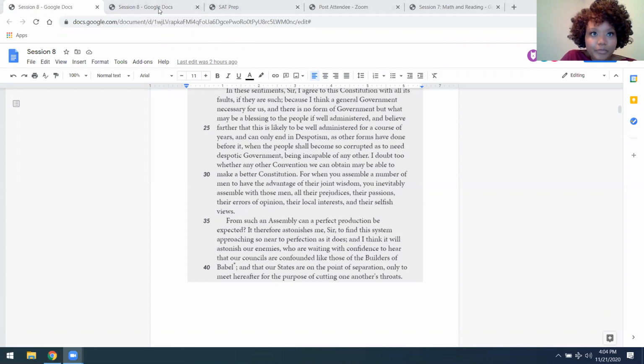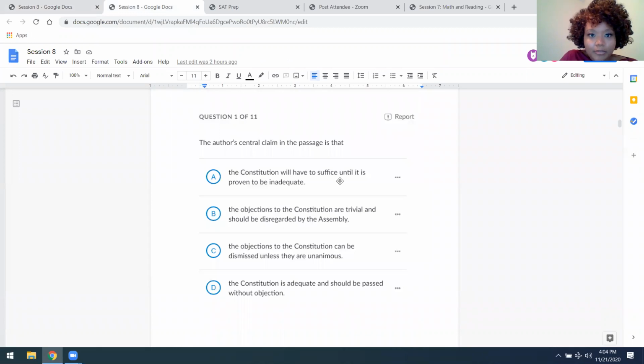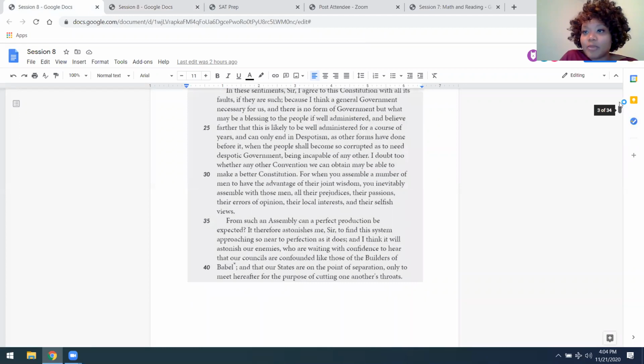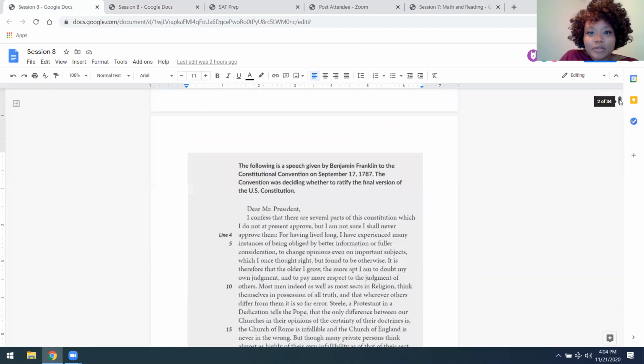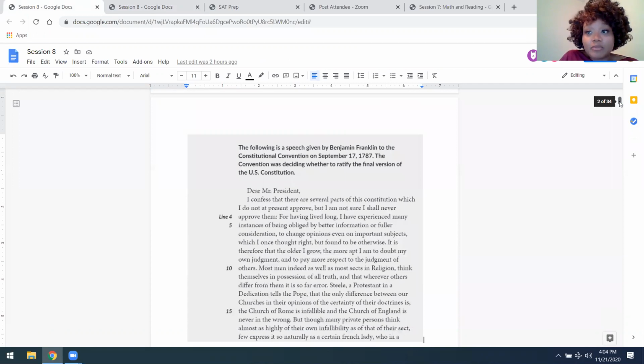So, I'm trying to think how I would frame what I'm about to say. Throughout the passage, it's obvious that, who is this? Jefferson, I already forgot the name of the person. Benjamin Franklin, sorry.